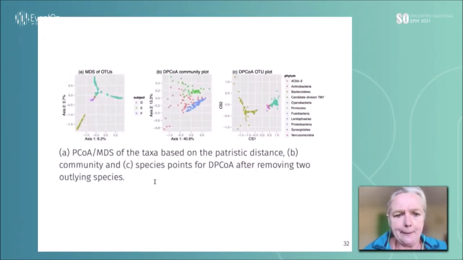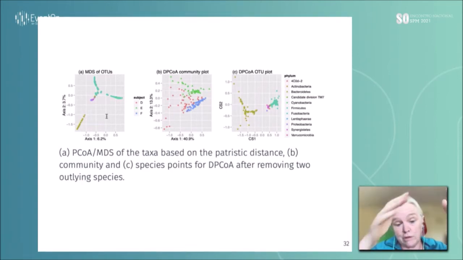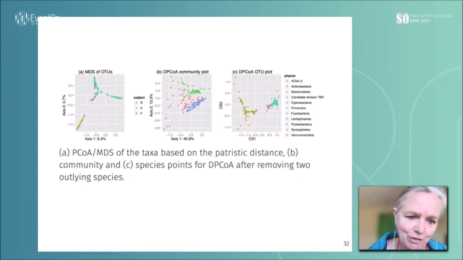And what we represent here is the different samples. So the first thing we do is take the species and do the multidimensional scaling, and this is what you get. And of course, the data originally sit on a tree, so the representation is very tree-like, as it should be.